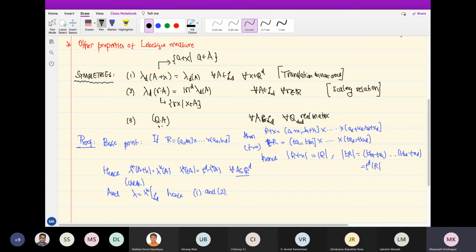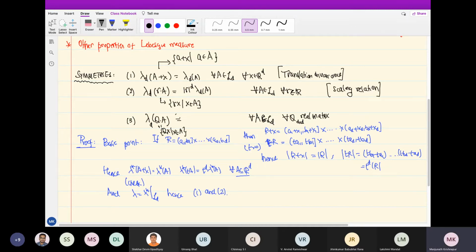What is QA? It is just applying Q to all the elements, Qx, x in A. So we have R^d, right? You have a d by d matrix. You can multiply. So you can transform the entire set via this linear transformation, which is left multiplication by Q. What happens to your volume?